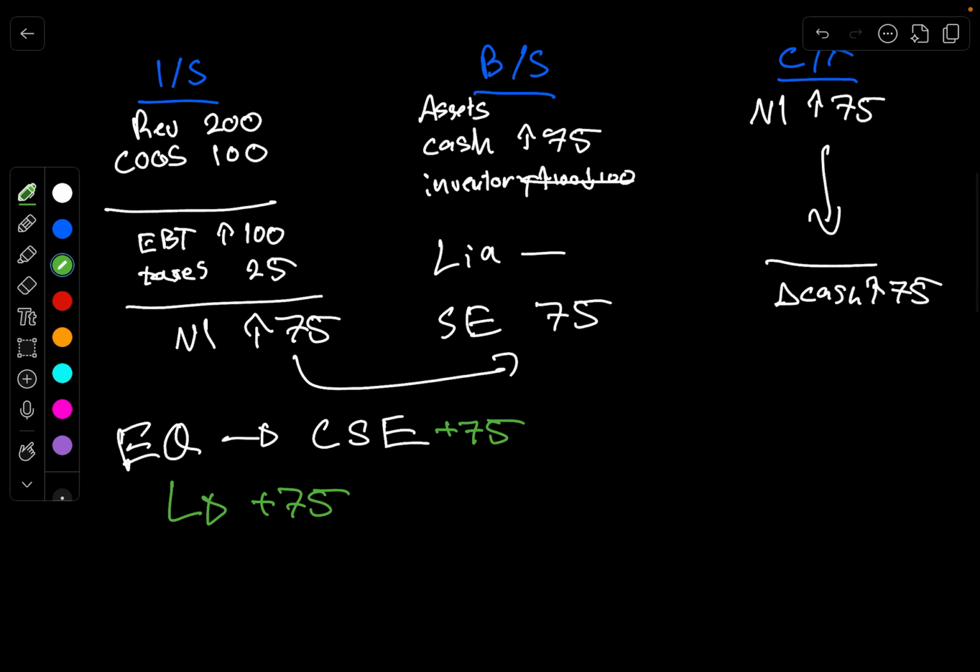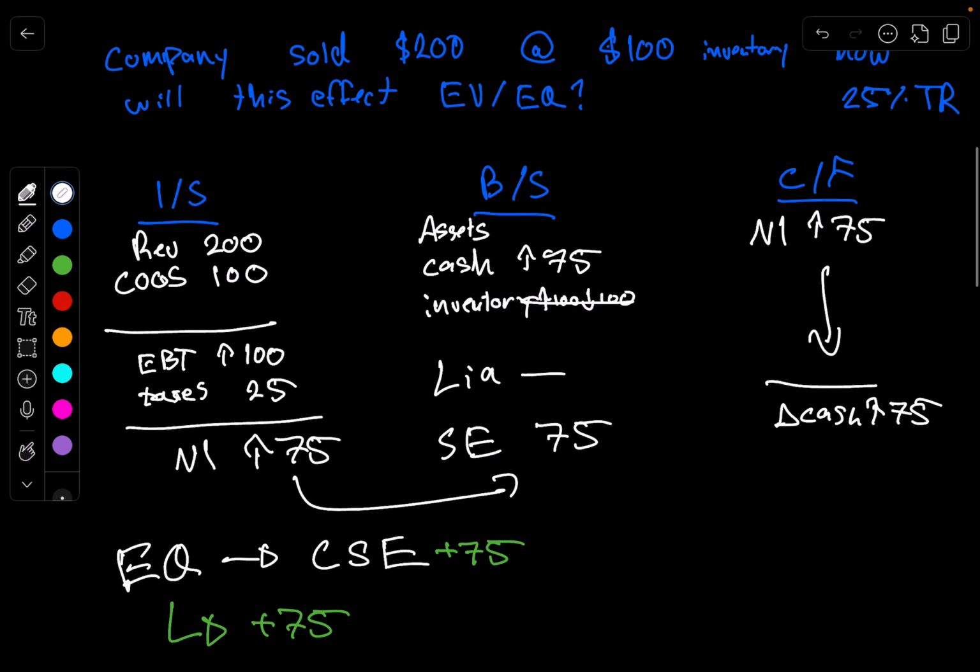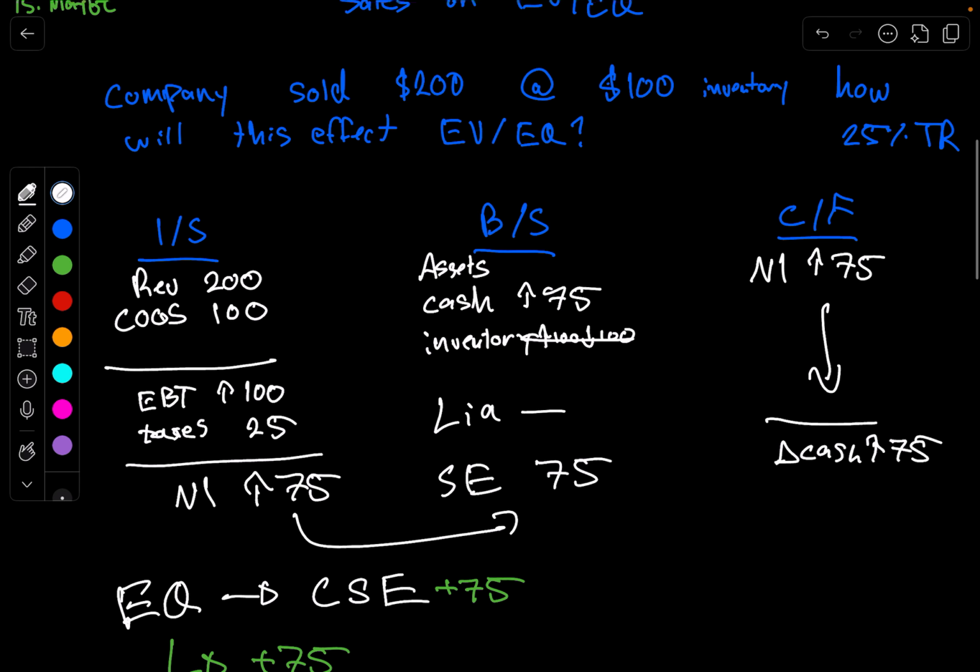Now let's look at our enterprise value. Our enterprise value changes if our net operating assets change. So how did our net operating assets change? In this question, it doesn't say that we bought the inventory. The inventory was simply on our books and we sold it.